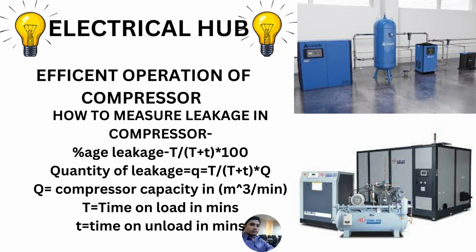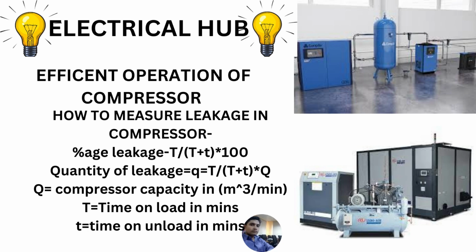How to measure leakage in the compressor? The compressor leakage can be measured after stopping the operation so that no air is used in the operation. Then we should measure the time for loading and the time for unloading.